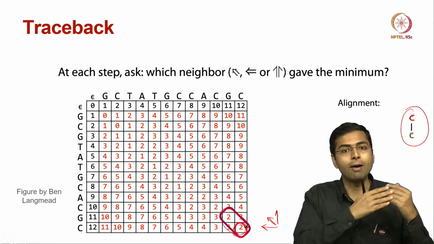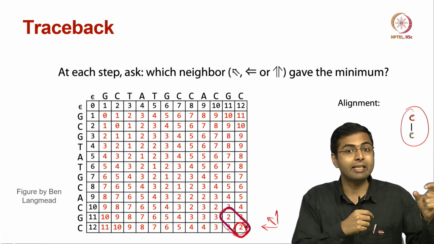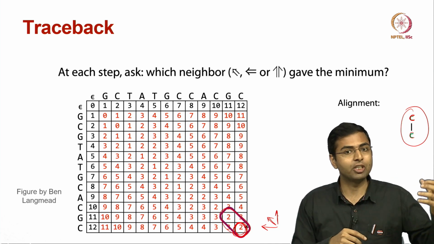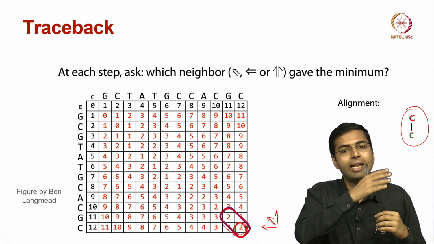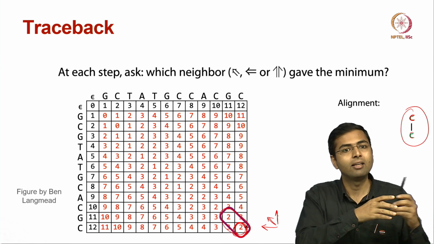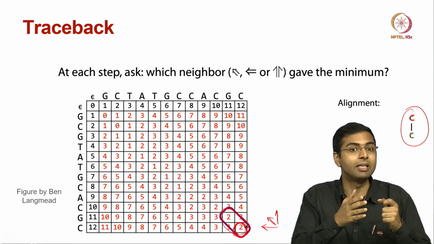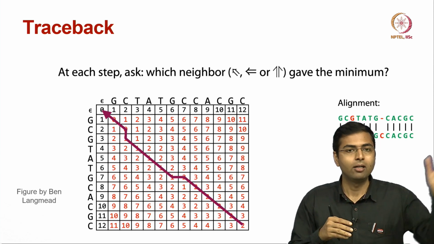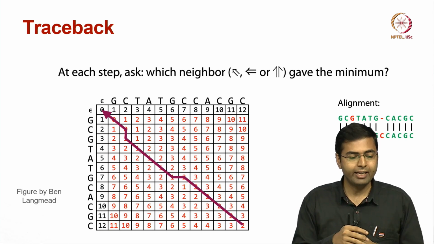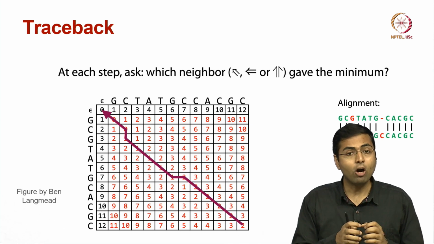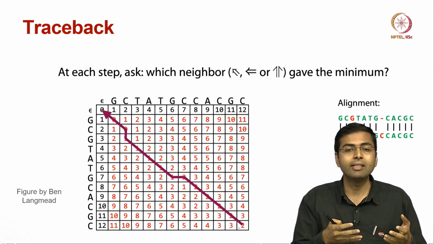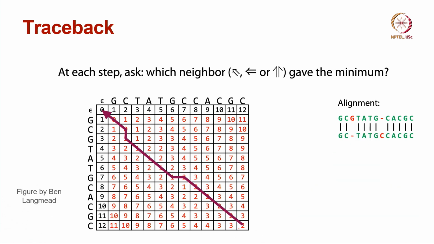Similarly, I can keep going up and retrace what edit operations I am doing at each step. Depending on the decisions I am making in my recursion, I can trace back the alignment operations that I am doing for aligning sequence A to sequence B. I will go all the way to the top left until we hit the corner, and along that we will trace the decisions that we made in the dynamic programming, and those decisions will give us the corresponding alignment.